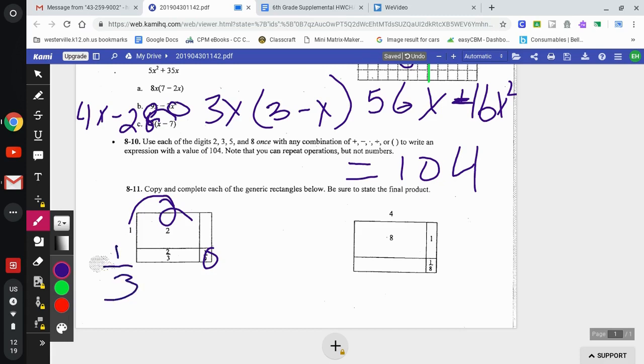So we have 1/3 on the bottom. And then 1/3 times what would be 1/9? That would be 1/3. So 1 times 1/3 in this box right here, we have 1/3.